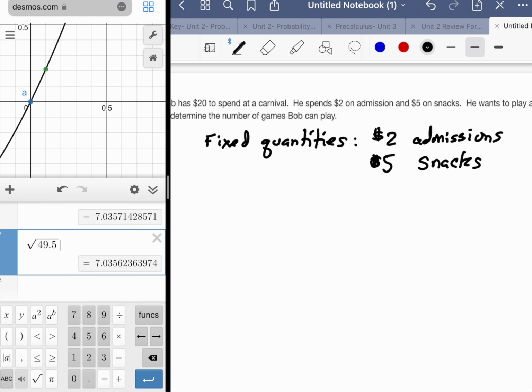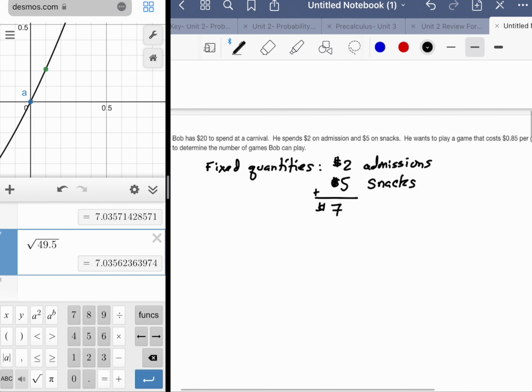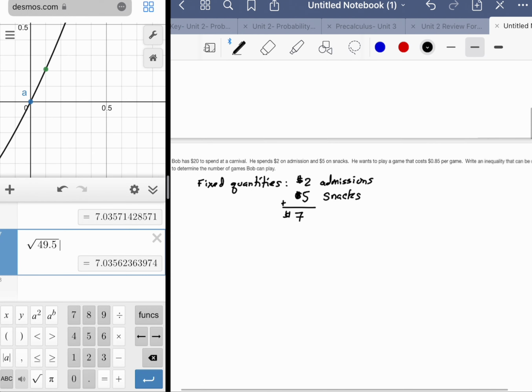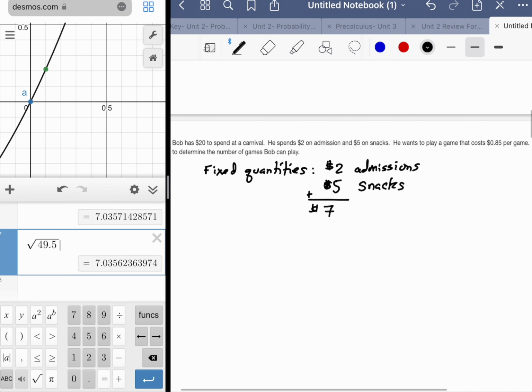So that's a total of $7. He's paying that no matter how you cut it. Now, he wants to play a game that costs 85 cents per game. The 85 cents is dependent on how many games he plays. So 85 cents if he only plays one game, double that if he plays 2 games, triple that if he plays 3 games, and so on.